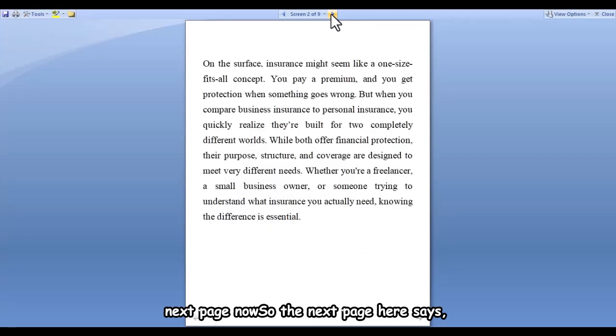So the next page here says on the surface, insurance might seem like a one-size-fits-all concept. You pay a premium and you get protection when something goes wrong. But when you compare business insurance to personal insurance, you quickly realize they are built for two completely different worlds.